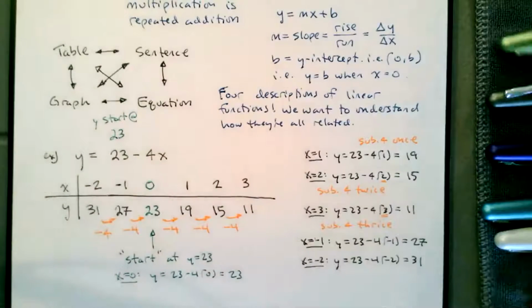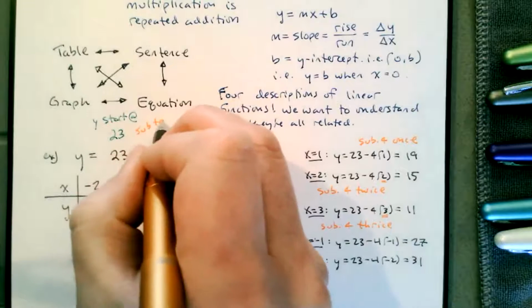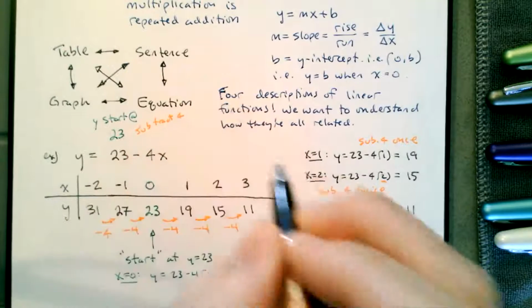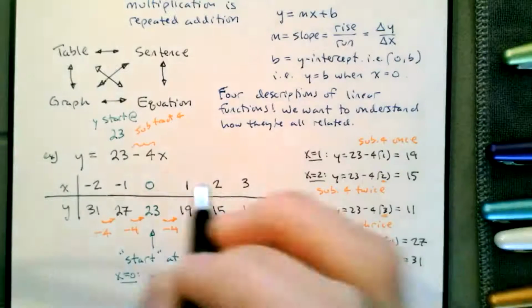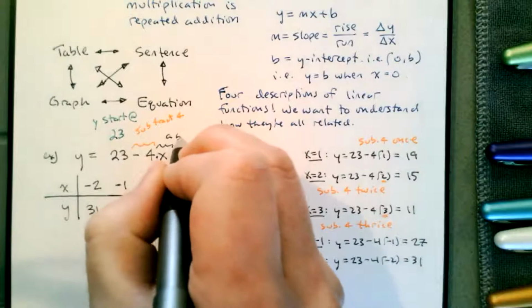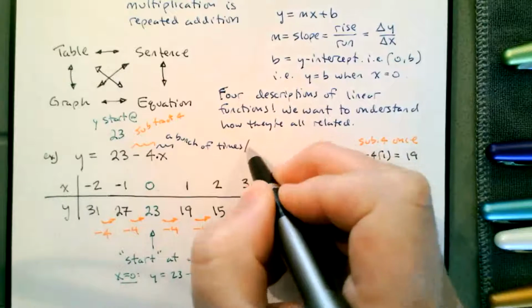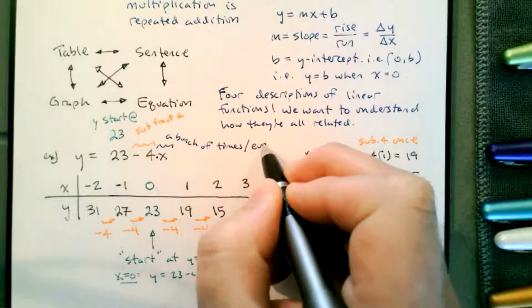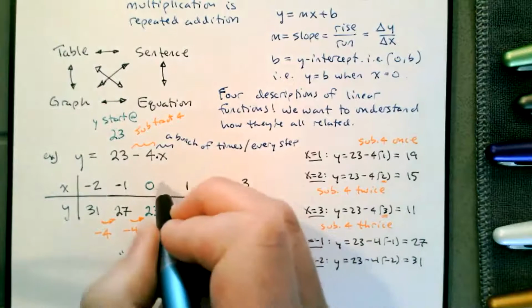So y specifically starts at 23, and then we subtract 4. And then the times x is a bunch of times. Or we could say that as every step, like we were doing it yesterday. Or since the size of each step is 1 unit, we could say every 1 unit.